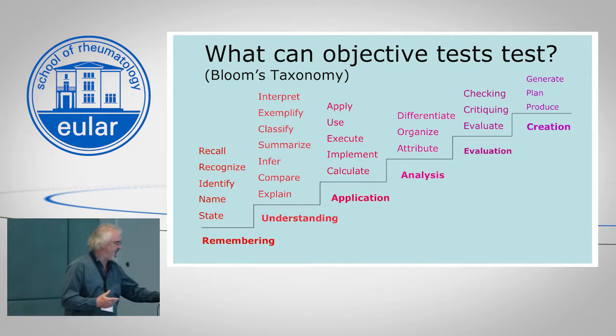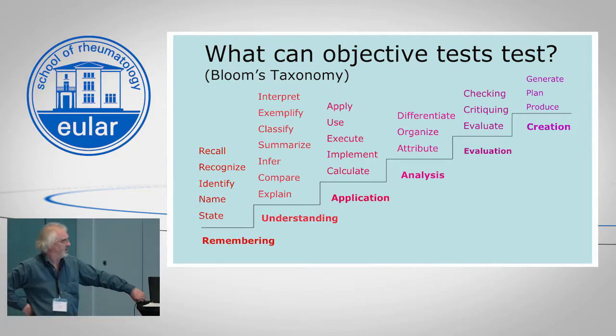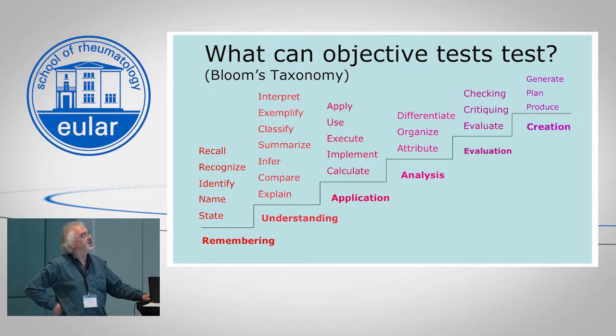At the bottom end of the scale, we have recall, remembering factual information, which is important, but it's a relatively low-level skill. Recalling, recognizing, naming things is a relatively low-level cognitive skill.